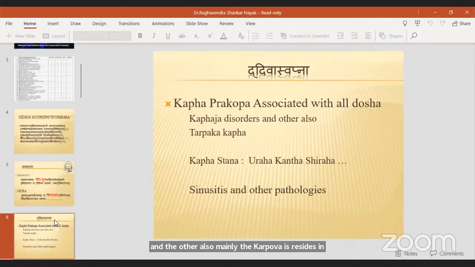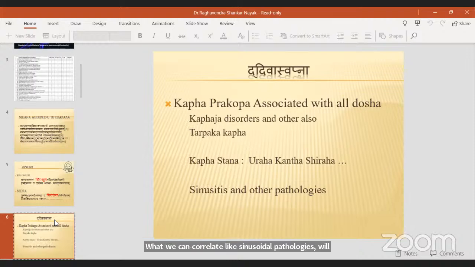If you look at the Kapha Sthana, that is Uraha, Kanta, Shiraha, as Ashtanga has explained, then Shira is also one of the sthanas. Hence, the symptoms may exhibit there also. In modern terms, we can correlate sinusitis and such pathologies, which arise due to Divaswapna, daytime sleeping.